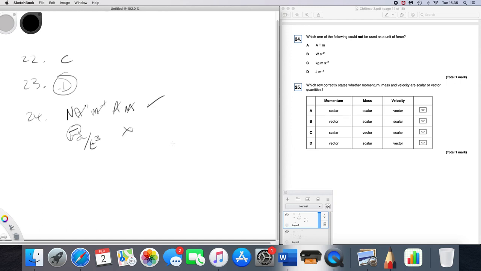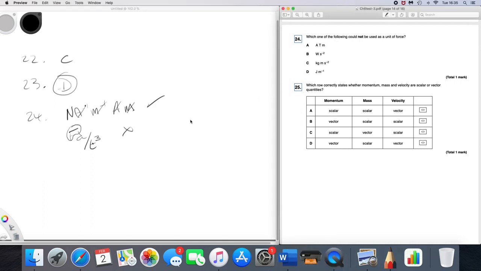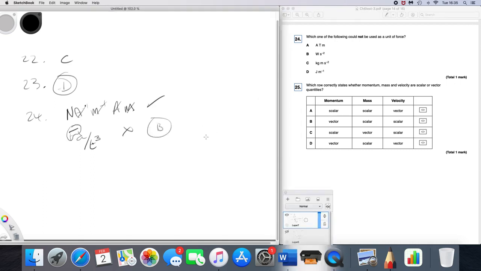Absolutely not. So that's not going to work. So we know B doesn't work. We could stop there. Kilograms meters per second squared for force, well, that is ma basically. Joules per meter, well, a joule is a newton meter, remember? So newtons would be joules per meter.